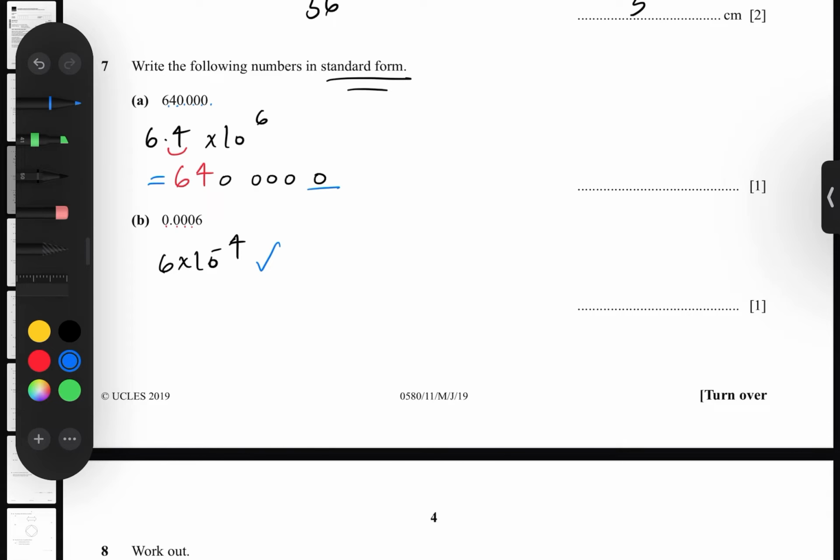As you can see, this is 1 extra 0 right there, right? In the question, we only have 1, 2, 3, 4. So this means that this would be wrong, and you can actually use this to check your answer. As a result, the answer for this one is going to be 1, 2, 3, 4, 5. So 6.4 times 10 to the power of 5 would be the correct answer, not to the power of 6.